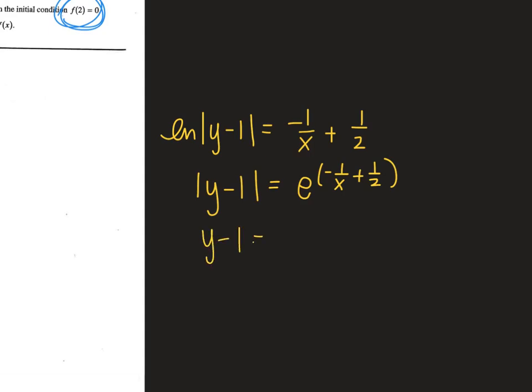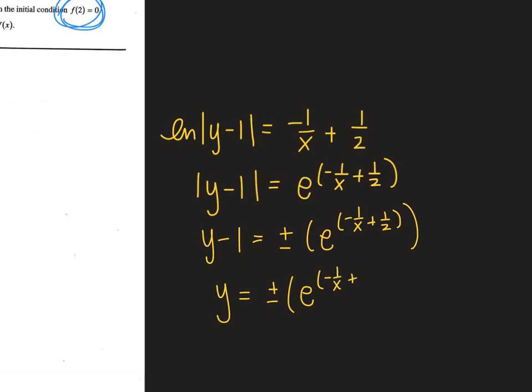And then when we take the absolute value away, we've got plus or minus e to the negative 1 over x plus half. And then y equals plus or minus e to the quantity negative 1 over x plus half, plus 1.